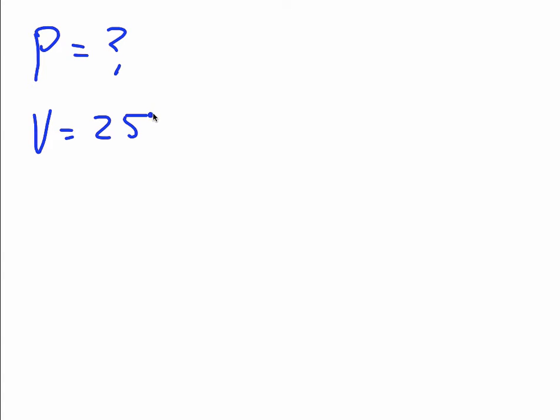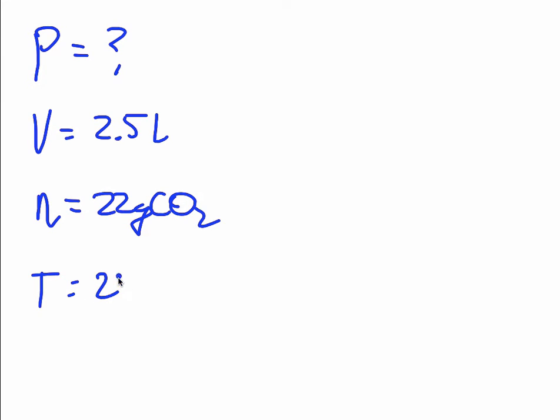Okay, let's do one last one. Let's say in this case they wanted pressure. Okay, we don't know pressure. We know that volume is 2.5 liters. We don't know the moles, but we were given, let's say, 22 grams of CO2, and the temperature is room temperature, 25 degrees Celsius.